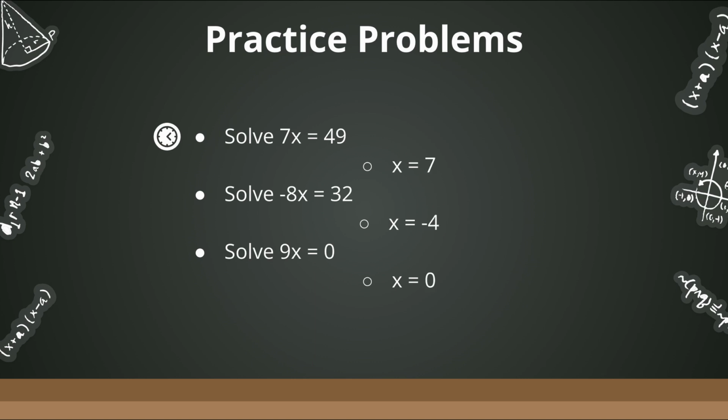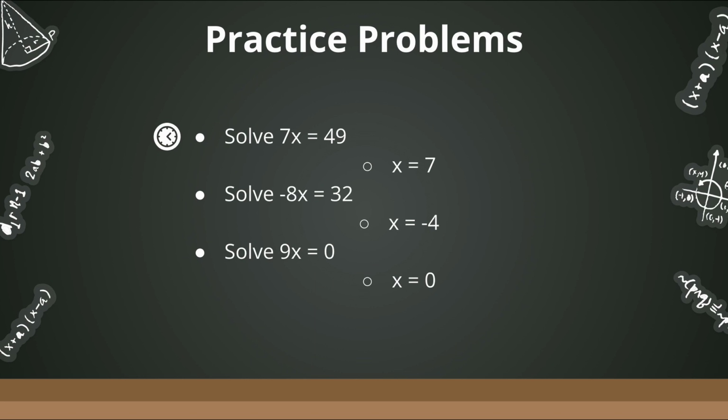Ready to check your answers? For the first equation, 7x equals 49, we divide both sides by 7, which gives us x equals 7. So the first answer is positive 7. Got it?